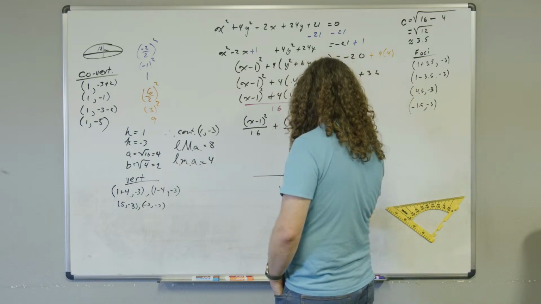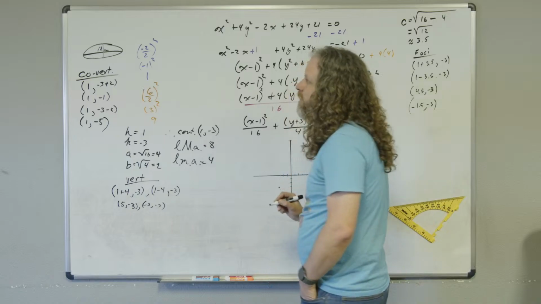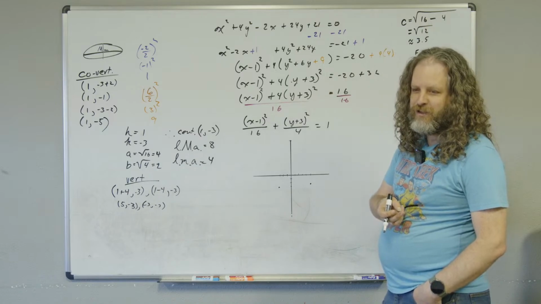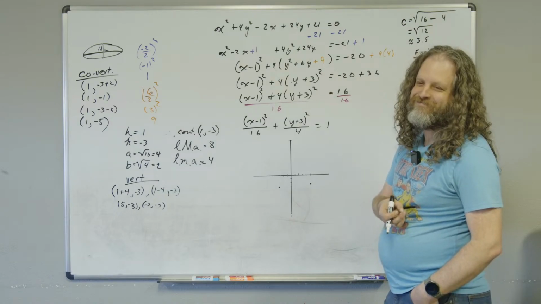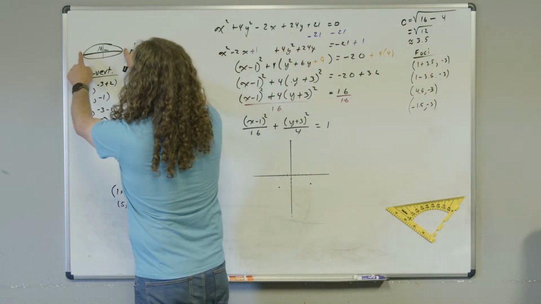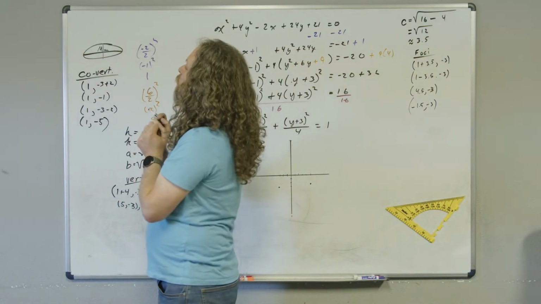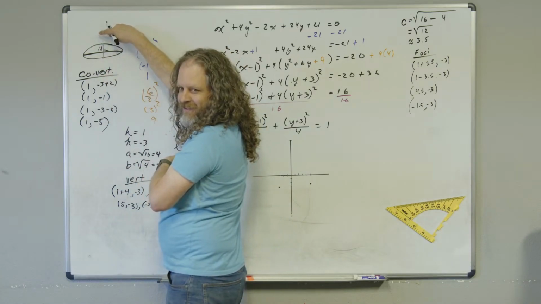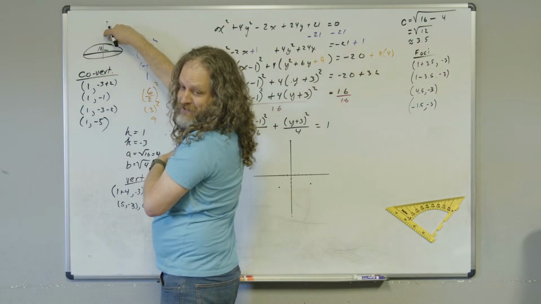What are vertices in an ellipse? Where are they? The vertices are the long ones, right? What are the short ones called? The co-vertices, on the minor axis.